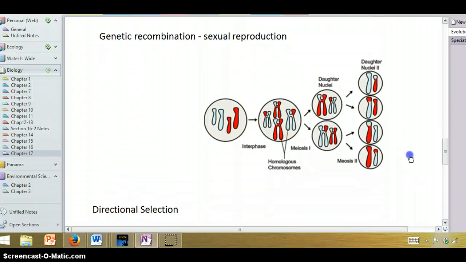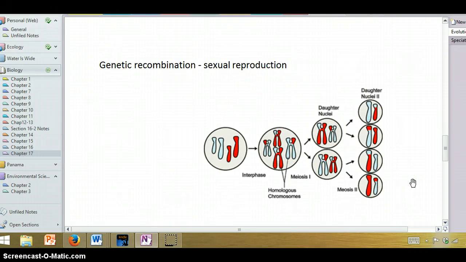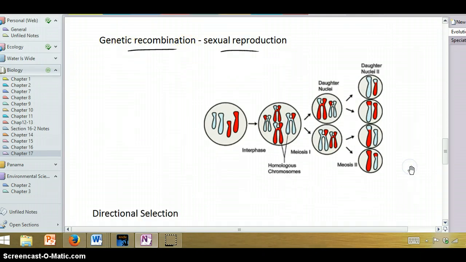Now, genetic variation is generated through sexual reproduction and the recombination that occurs there, because you'll remember during meiosis, crossing over occurs, and you're not creating new alleles, but you're putting alleles into new combinations, which can alter the combination that you have and essentially your phenotype.